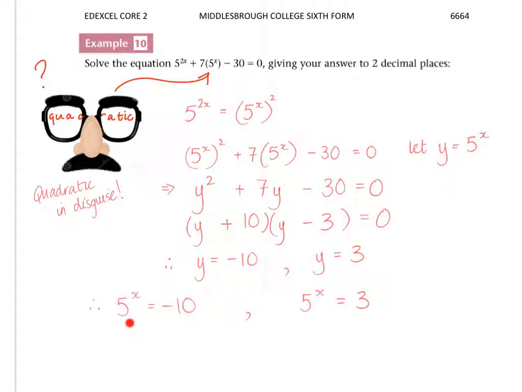What can you tell me about this first one here? Think about our exponential graph. Remember from last lesson, the exponential graph looks something like that, doesn't it? And it goes through the point 0, 1.